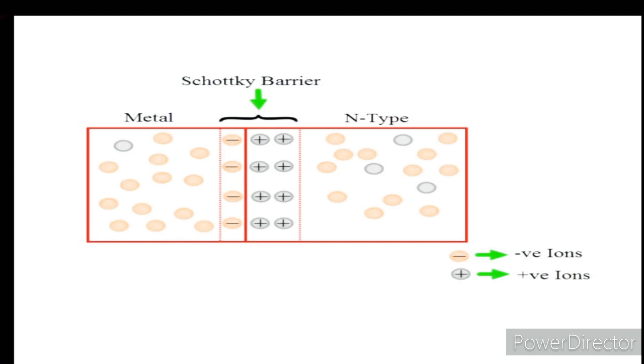In a Schottky diode, a junction is formed between a semiconductor and a metal, thus creating a Schottky barrier. The N-type semiconductor acts as the cathode and the metal side acts as the anode of the diode.